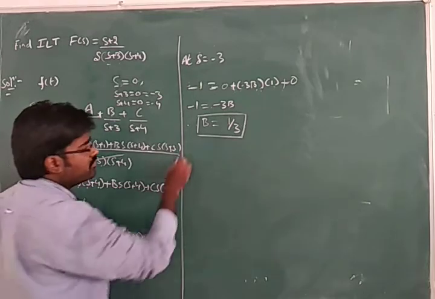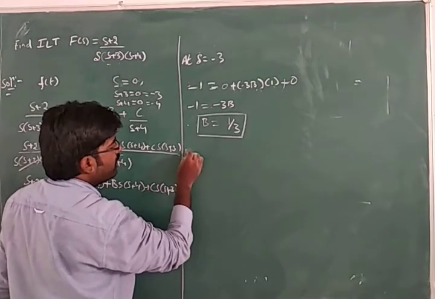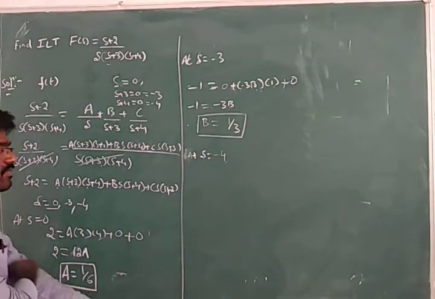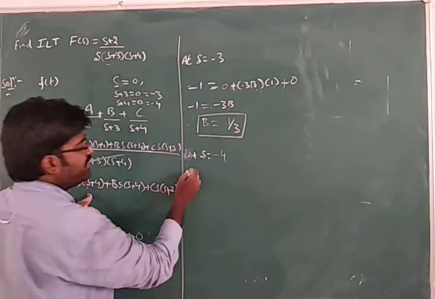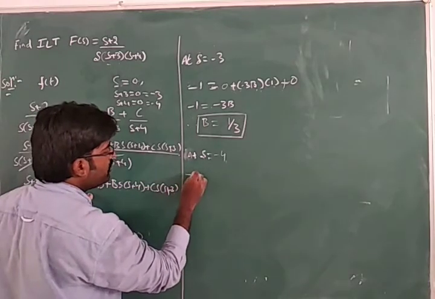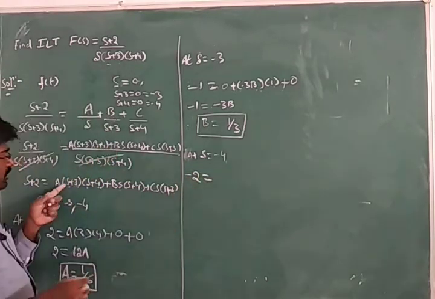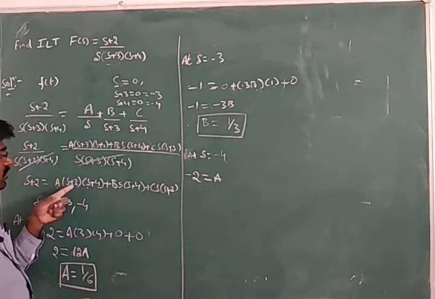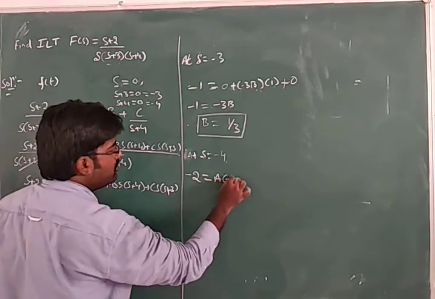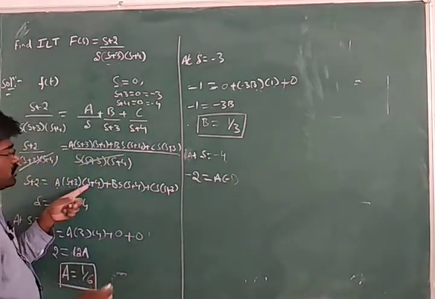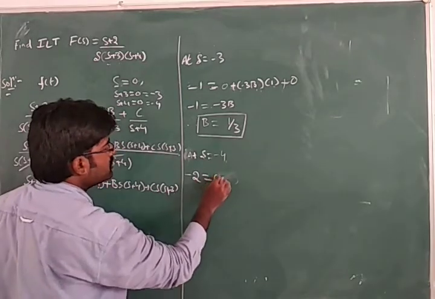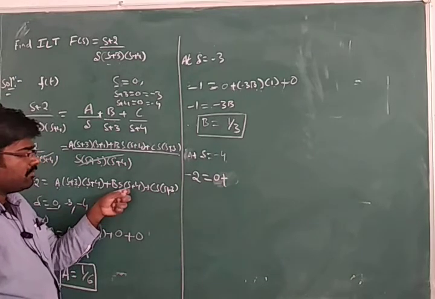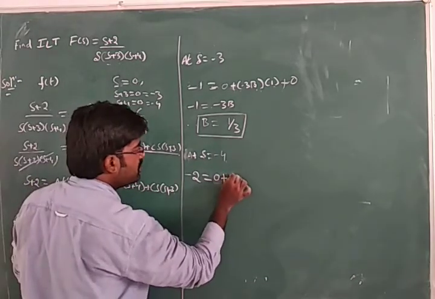And similarly at s = -4, substitute the value of s as -4 in the given equation. -4 plus 2 is -2. Again here, a into -4 plus 3 is -1. Oh sorry, this whole term becomes 0. Then plus, if you put -4 plus 4, it is 0, and 0 into anything is again 0.